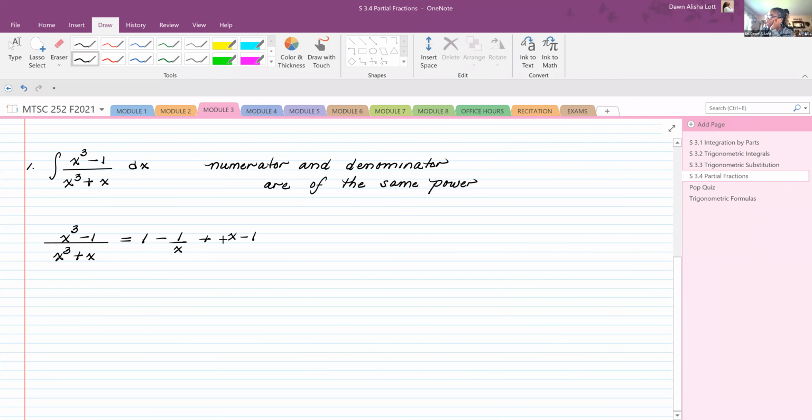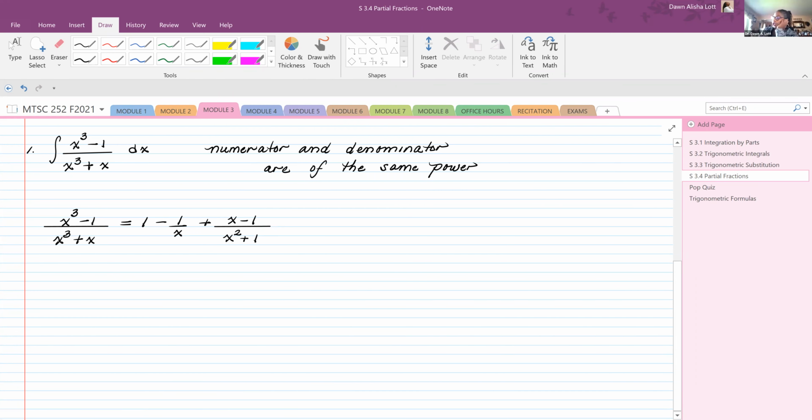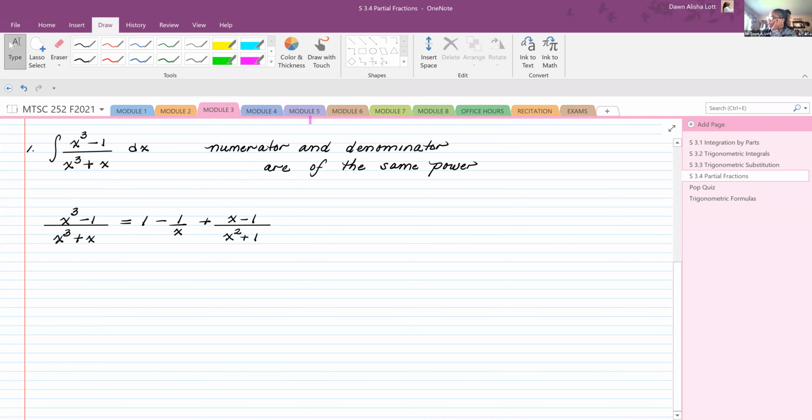I did use partial fractions to get this answer. So if you were to multiply that out, that's what you would get. We're going to use partial fractions to get this.